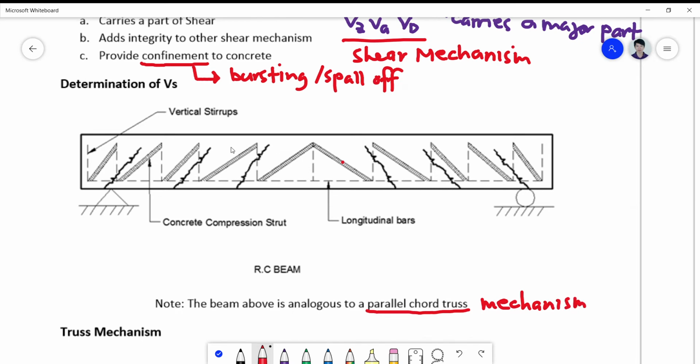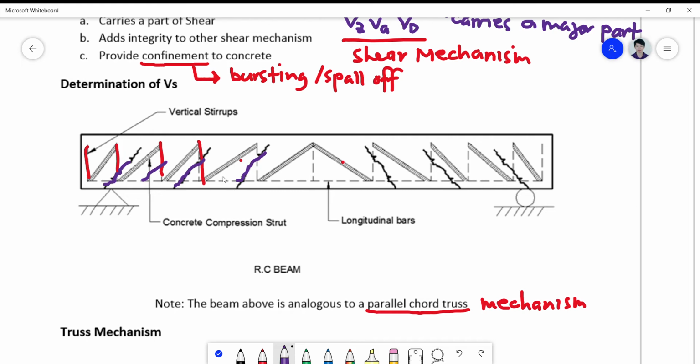If the stirrups are placed vertically like this, you can see that the cracks are prevented from increasing in size, width, and number by the stirrups.